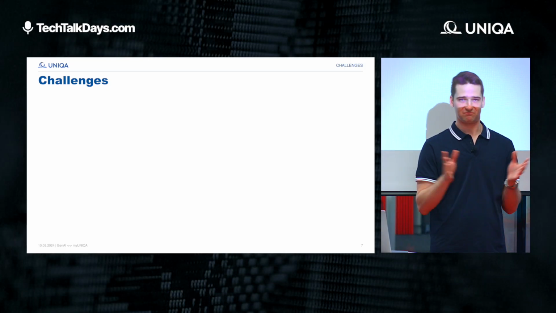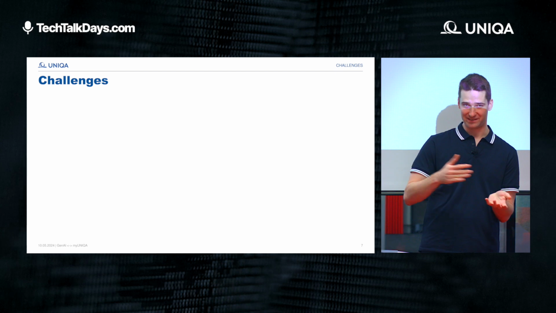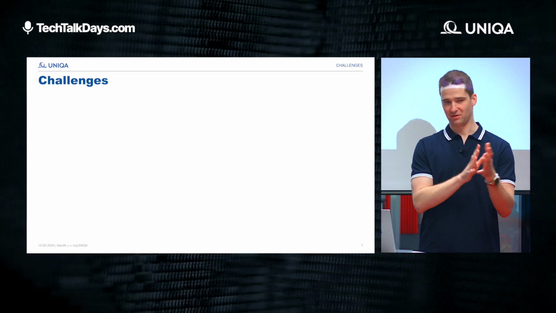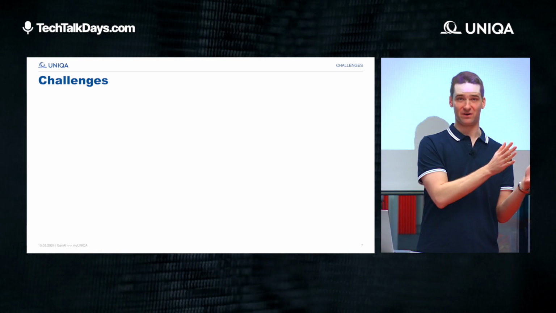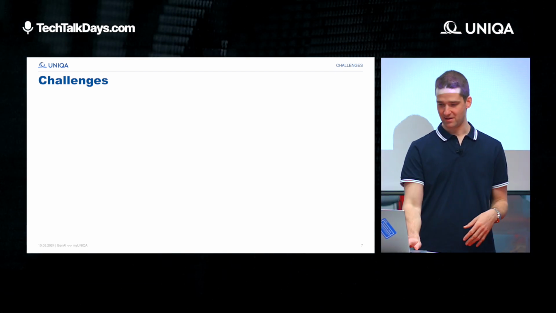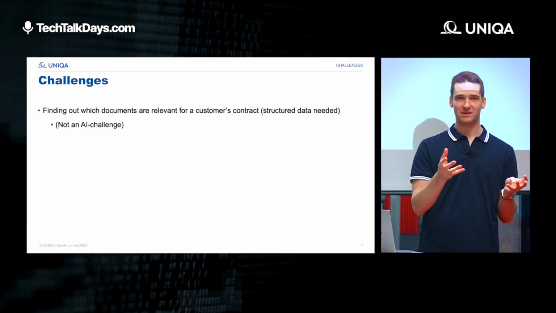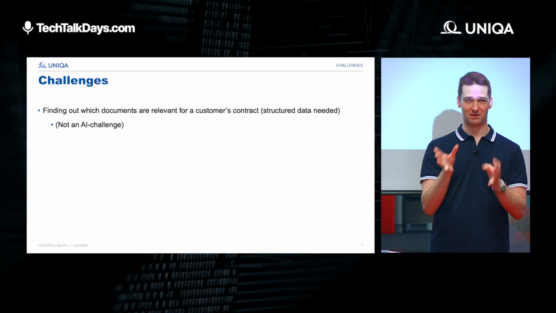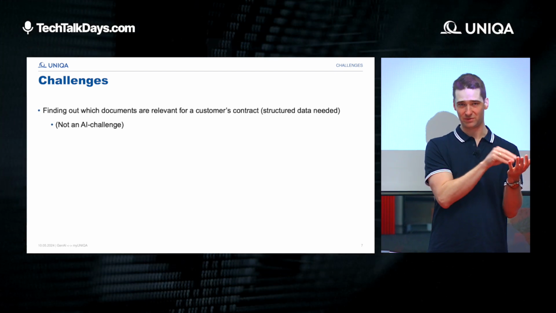And there are, of course, challenges that we have been facing throughout this journey, and the journey starts from the very first analysis. So what do we have and what do we need? So the very first challenge is, you need to find out which documents are relevant for a customer's contract, because we are basing this on those contract documents.